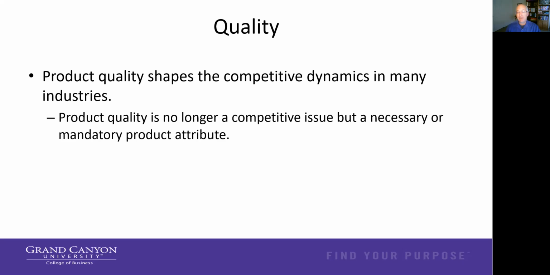Quality involves meeting or exceeding customer expectations in the products and or the services offered. Now, although quality is necessary, it is not a sufficient product attribute for firms to achieve strategic competitiveness.